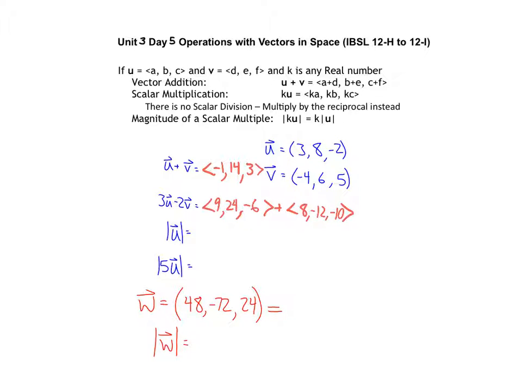Okay, so now we add those together, and we get 9 plus 8 is 17. 24 minus 12 is 12. And negative 6 minus 10 is negative 16. So there we have our resultant vector, the 3u minus 2v.